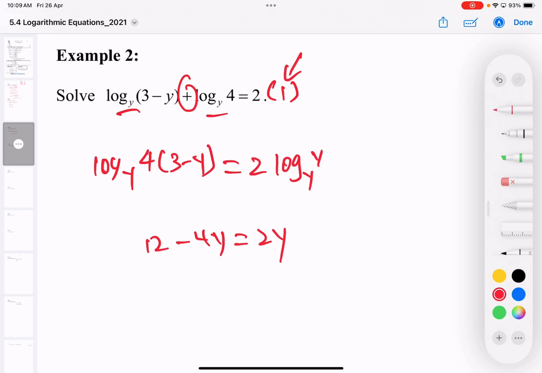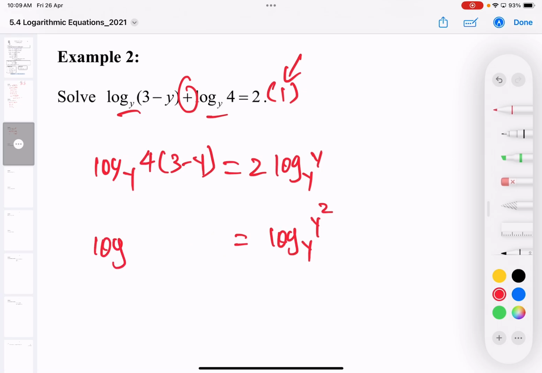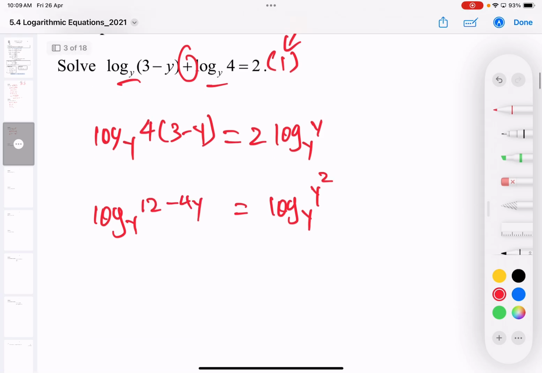So what we need to do here is actually rewrite this as log base y, y squared. Okay, I don't skip steps. So here is log y of 12 minus 4y. Alright? So here, now we can compare. I know y squared is equal to 12 minus 4y.